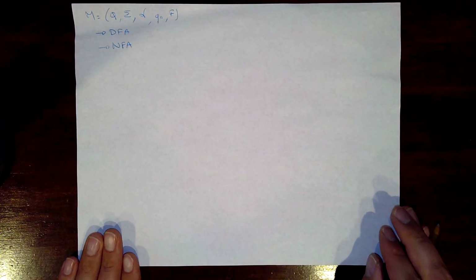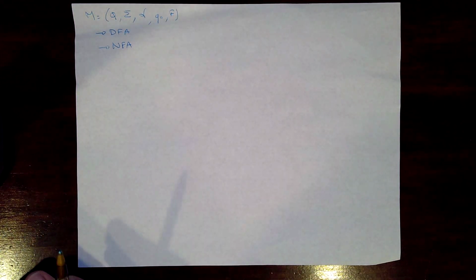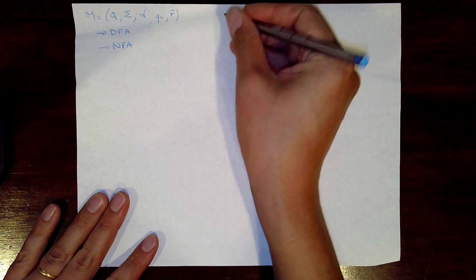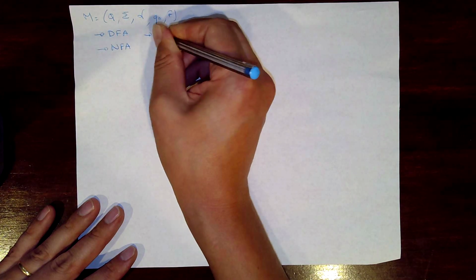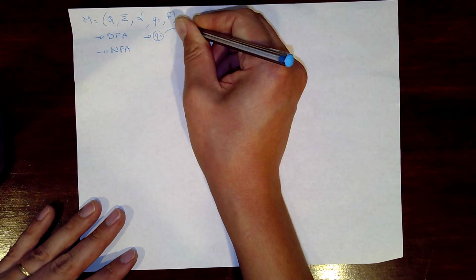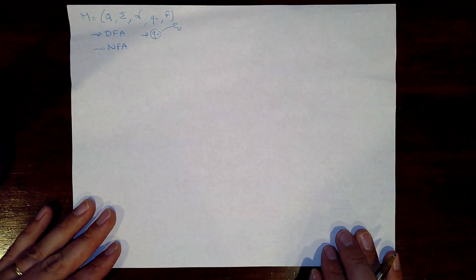The deterministic finite automata are a bit more simple, at first to grasp, because they will only accept one option, one transition for the same input and the same state.